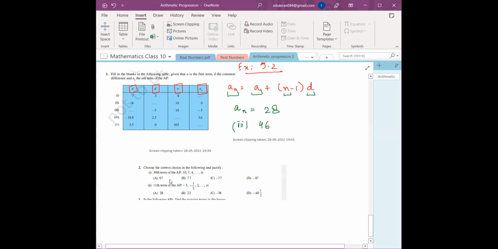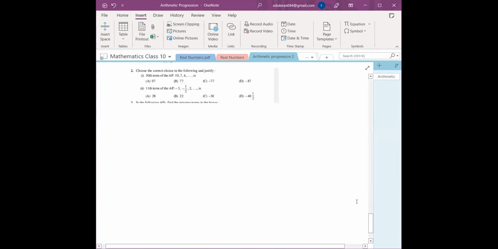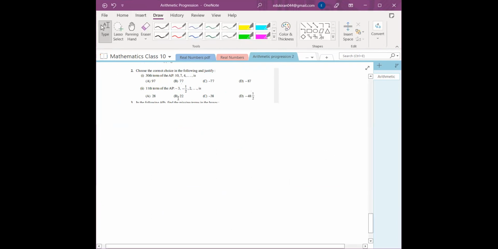Both of you do the second part of this question. Now choose the correct choice in the following and justify. This is an AP which is given and you have to tell what is the 11th term of this AP. So how will you do it?